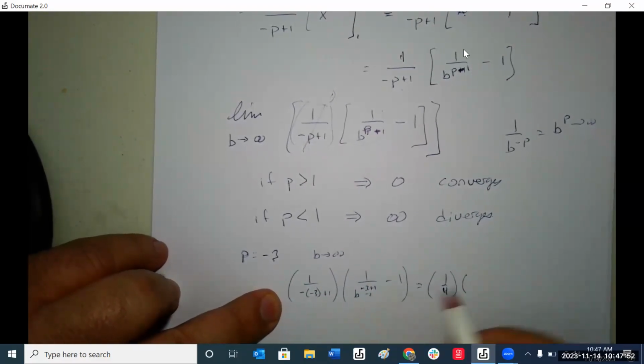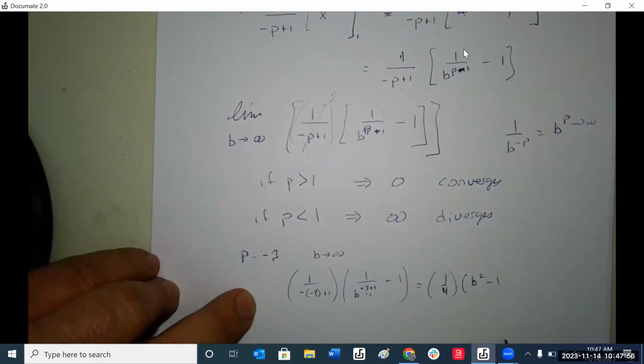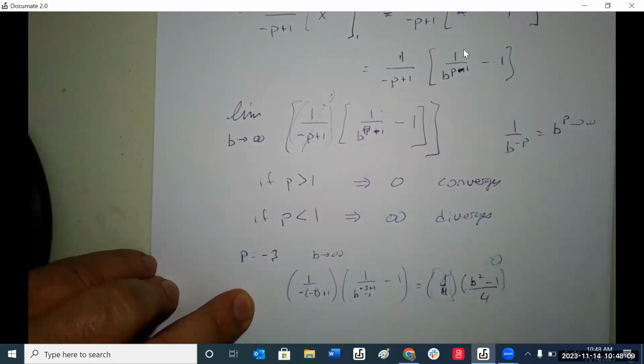The exponent becomes 2, so it becomes B squared minus 1. Now, as B goes to infinity, this one just stays 1/4. This one goes to infinity, minus 1 over 4, so it still goes to infinity.